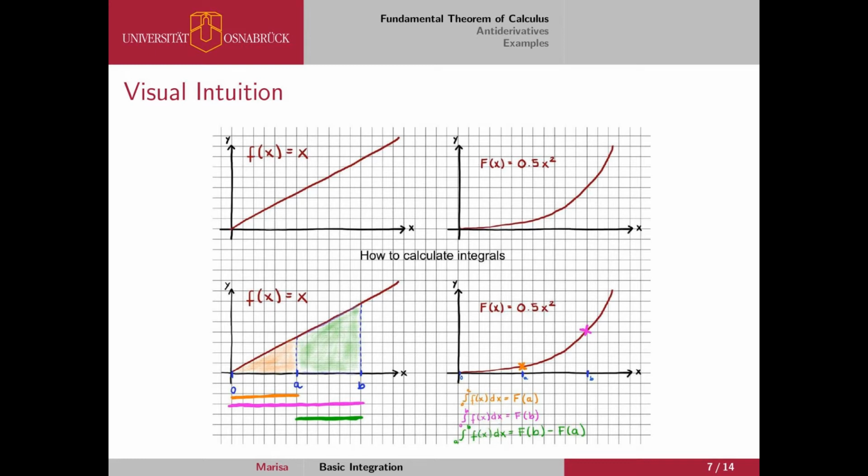You could now imagine the three cases of calculating the integral from 0 to a, from 0 to b, or from a to b. The integral from 0 to a is colored in orange, the one from a to b in green, and the one from 0 to b would be both parts together, marked in pink here. Now on the bottom right, you can see the antiderivative.